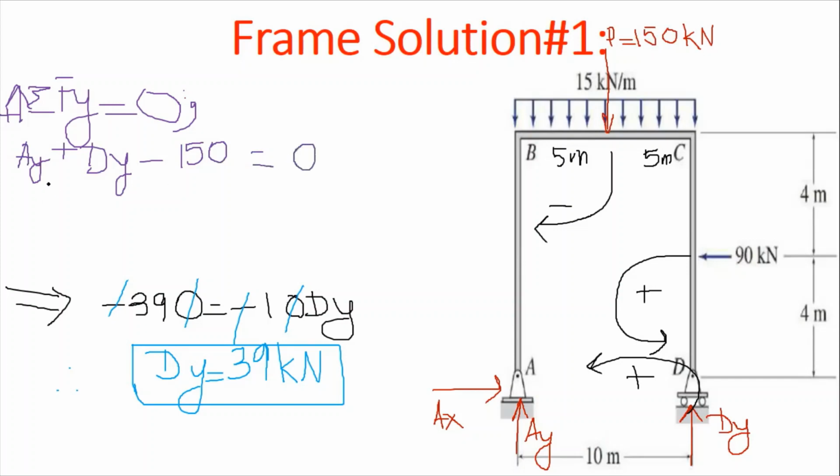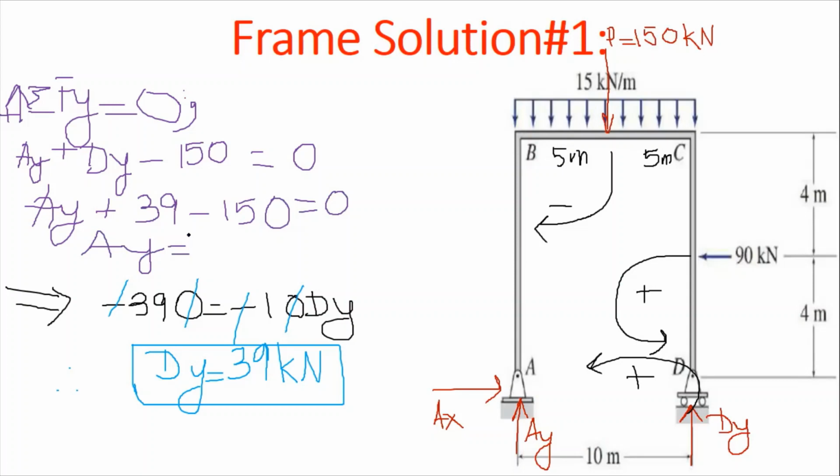So we will put AY plus dy value is 39 minus 150 equals to 0. So AY is coming out to be, how much? 39 minus 150.